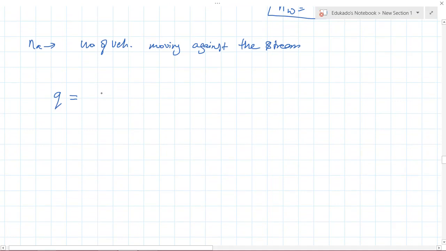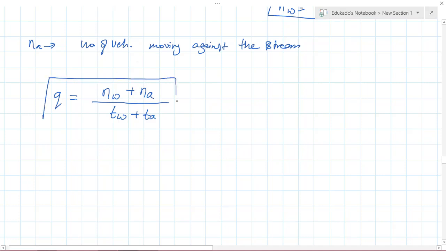The formula for the flow is given as NW plus NA divided by TW plus TA. So this is the formula for flow. As I already told you, NW is NO minus NP.